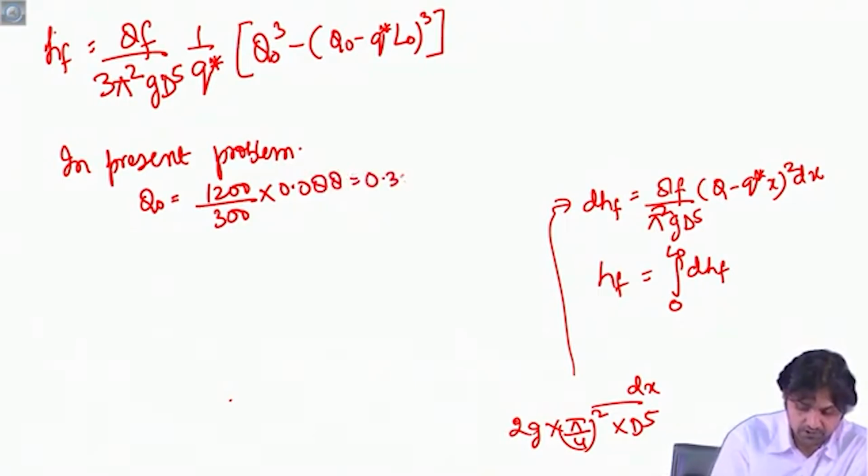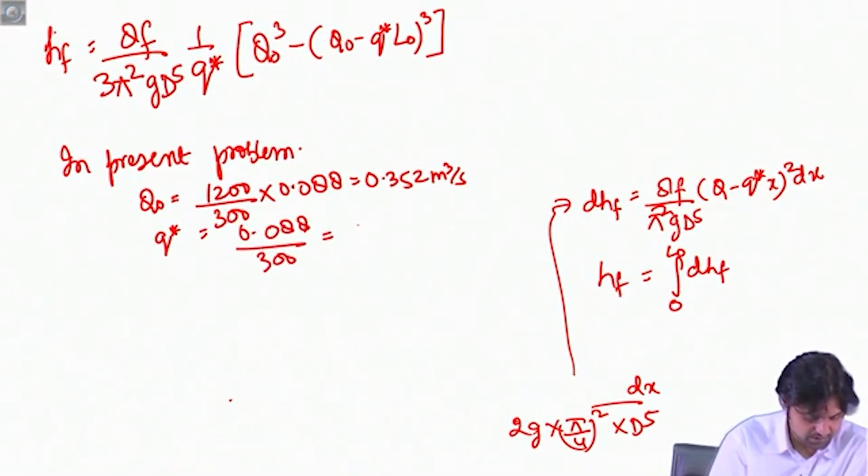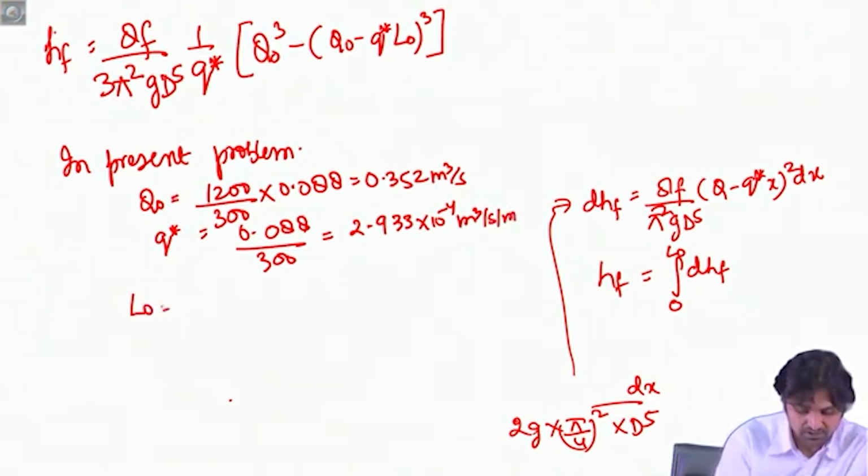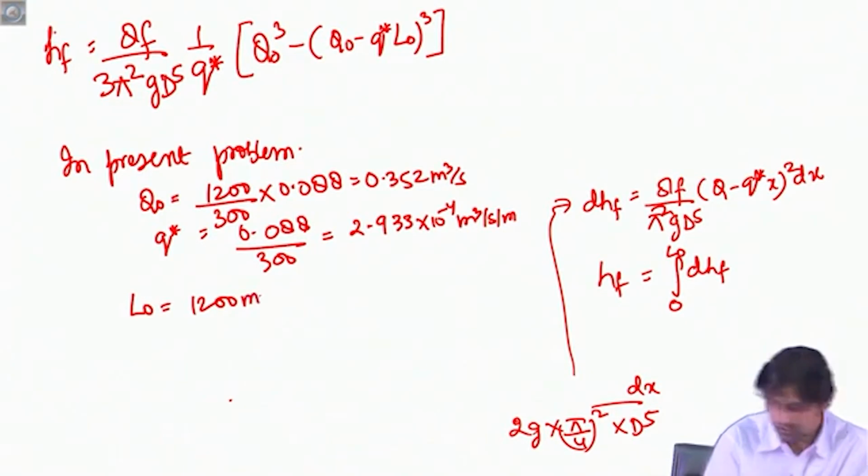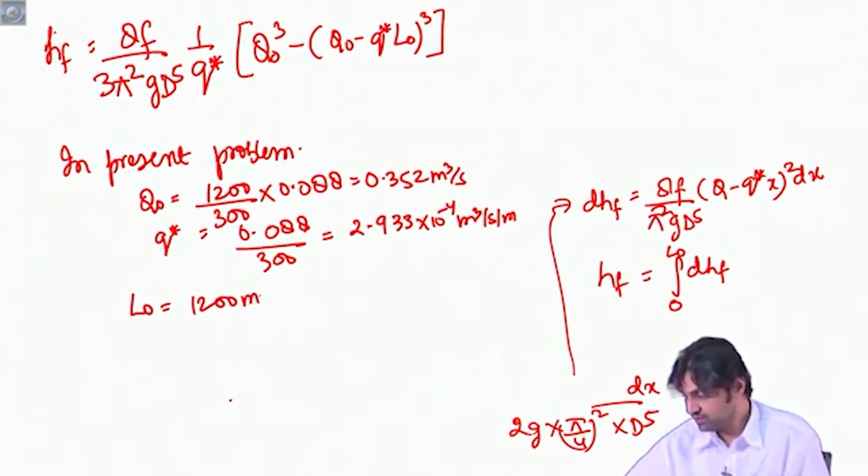So we have 0.352 meter cube per second, and this Q star is 0.088 by 300, that is 2.933 into 10 to the power minus 4 meter cube per second per meter, and L naught has been given as 1200 meter. All right.